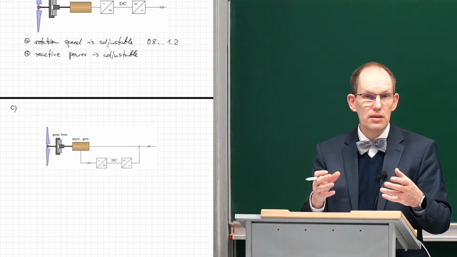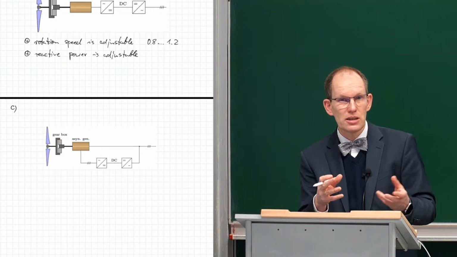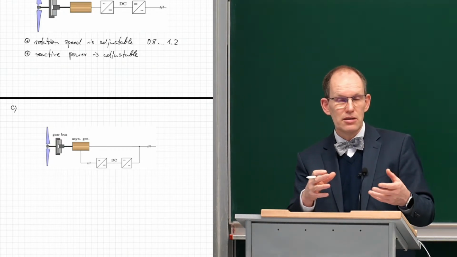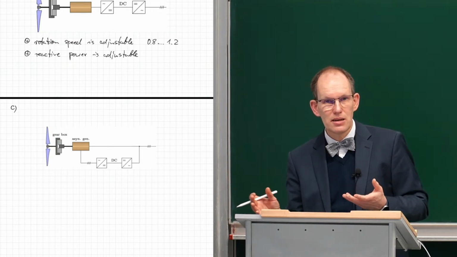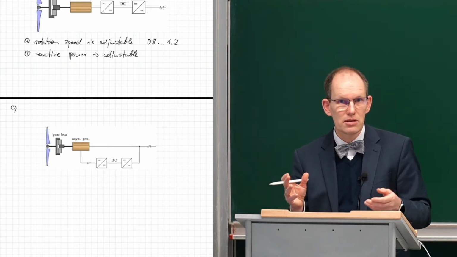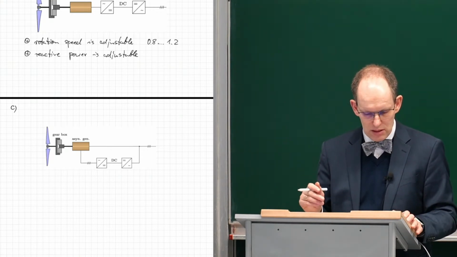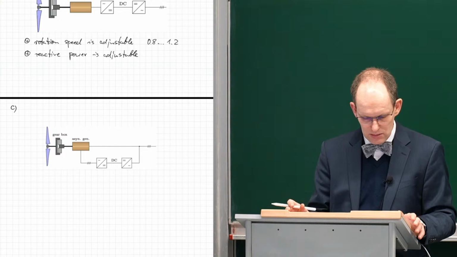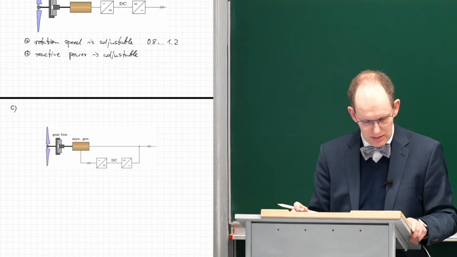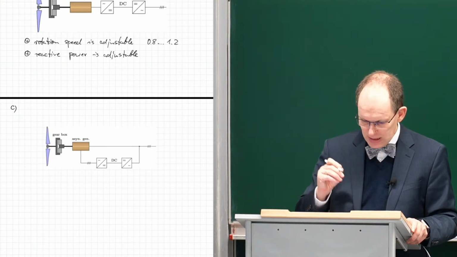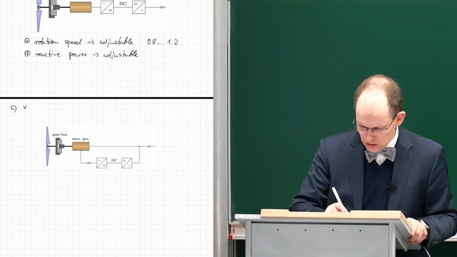Then, of course, you need to use a more complex scheme than just the squirrel cage. The squirrel cage is very simple, not connected to the outside, but if you want to introduce a resistor there, then you have to connect the squirrel cage to wires outside, to circuitry outside. So this is here variable slip control.